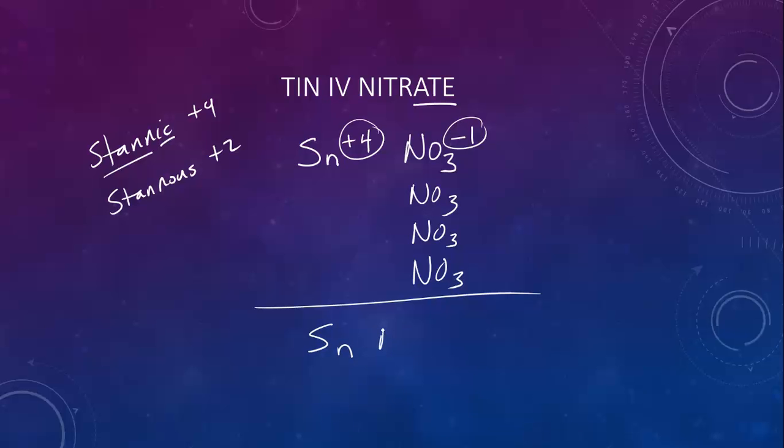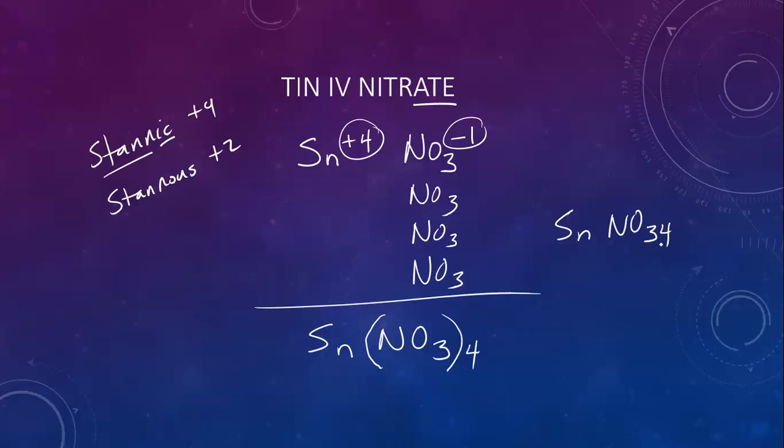You don't have to write these things down. You know what it's going to look like. Sn, NO3, parentheses, 4. This one, it becomes a little more obvious why you need parentheses. Because if you did not use parentheses, what would that look like? SnNO34. Well, you would say, well, no, obviously, it can't be 34.